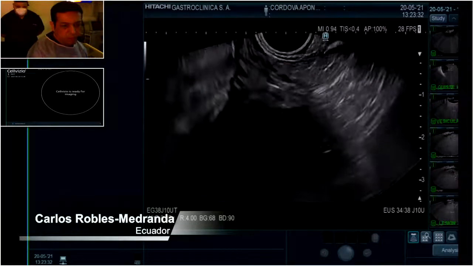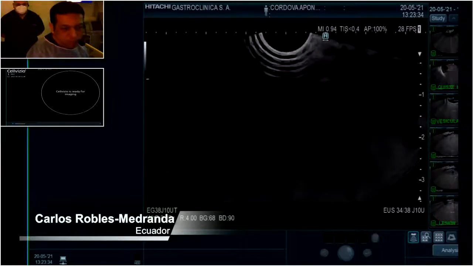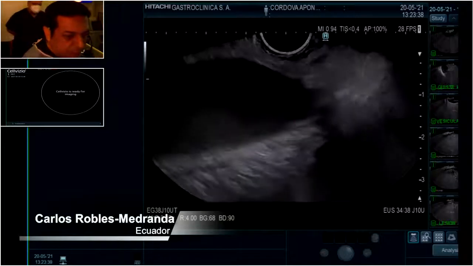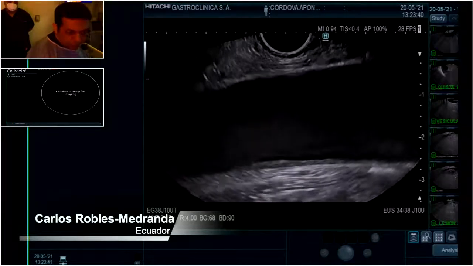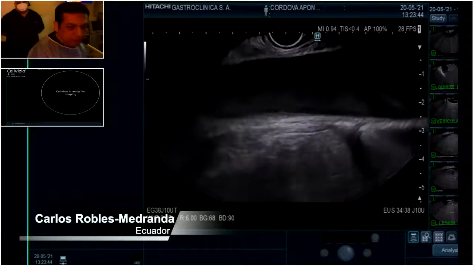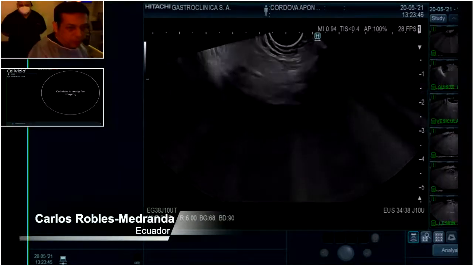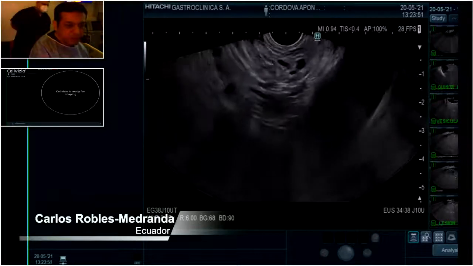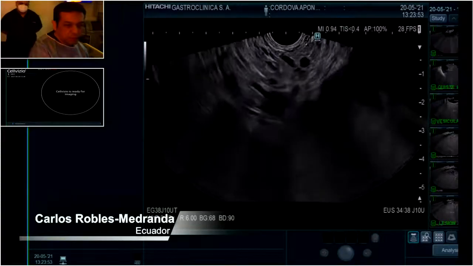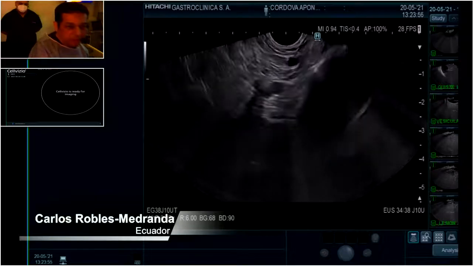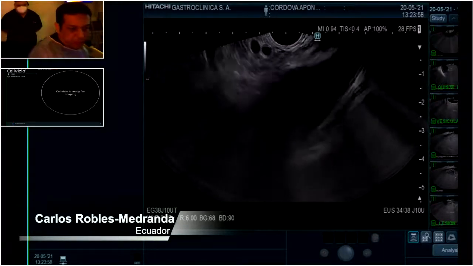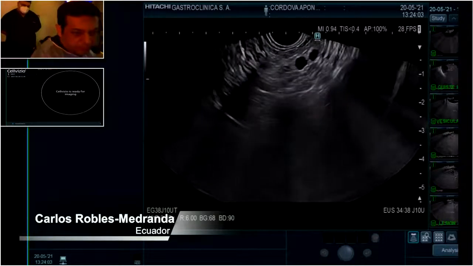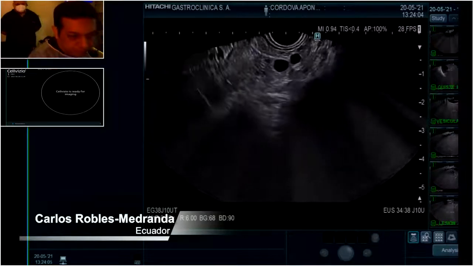And now I am looking for the body of the pancreas. So I am coming back here. One of the ways to find it is following the aorta. You see here. I follow my aorta. I see my celiac trunk. I see my splenic vessels that are here.